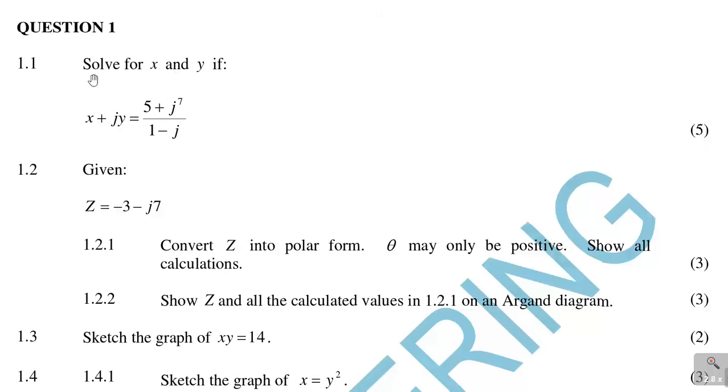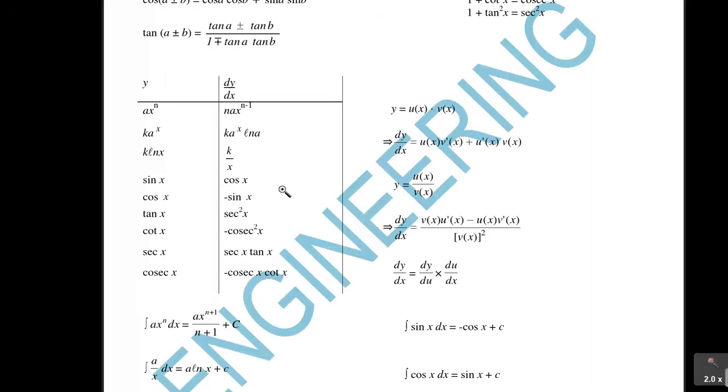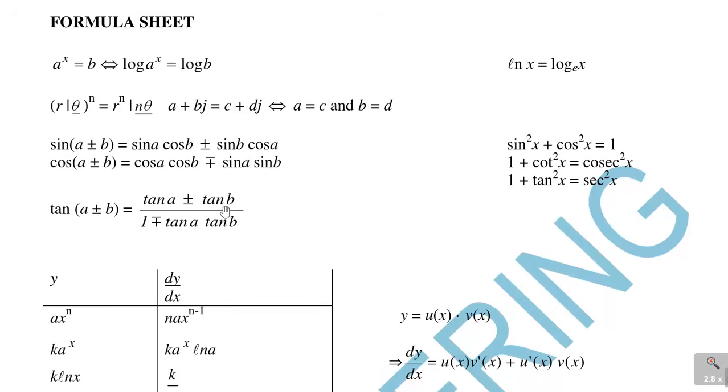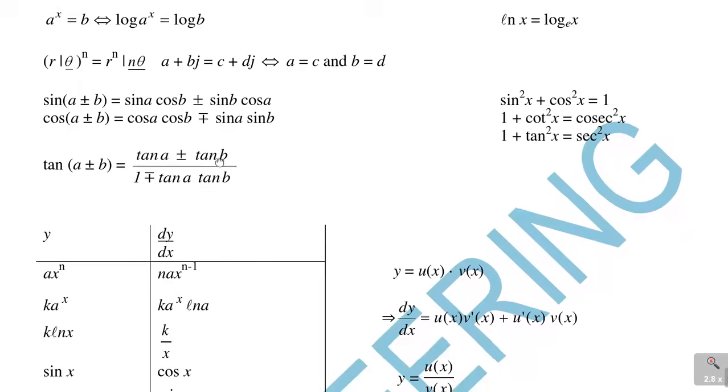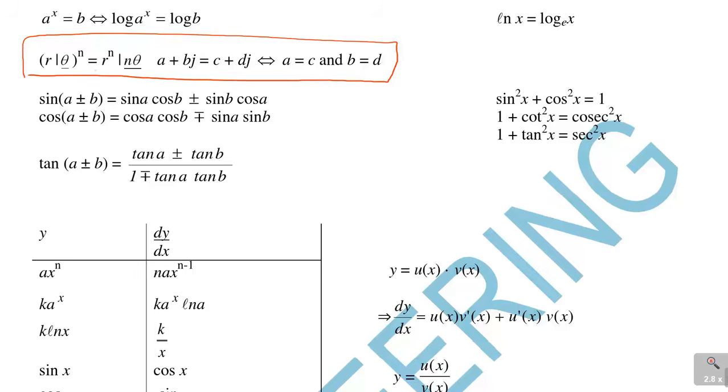This is question 1. It says you need to solve for x and y if you are given this equation. Whenever you are looking at complex numbers, you have got two formulas that you can use from the formula sheet. If you are dealing with complex numbers and you are solving, you can use these two equations.